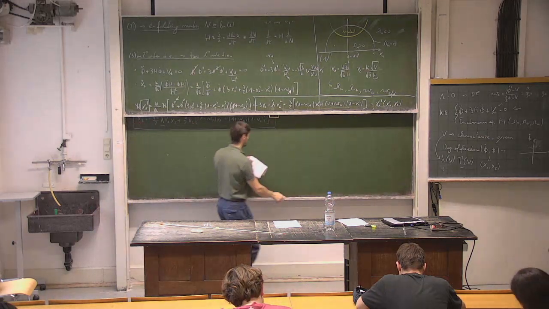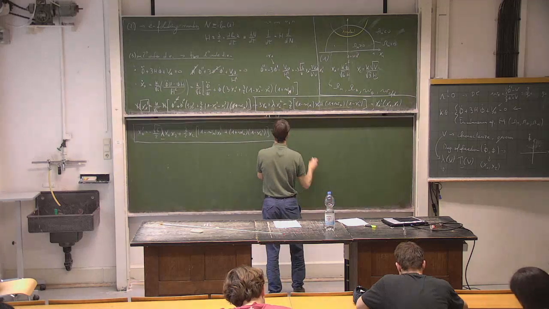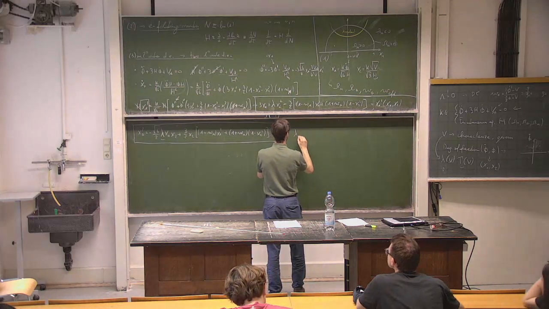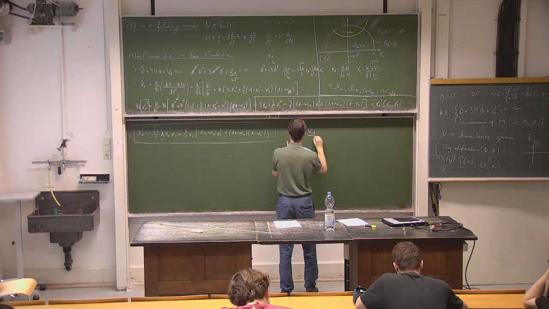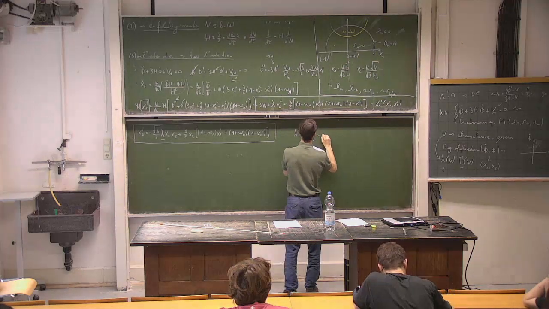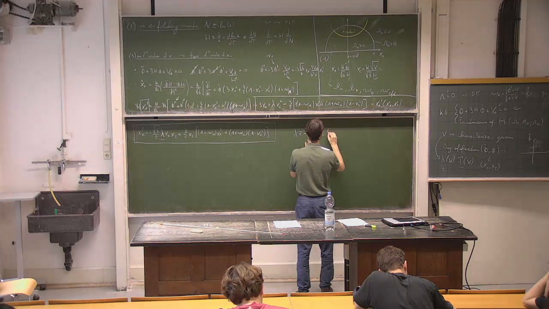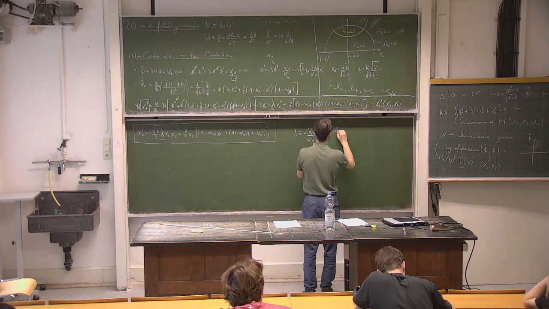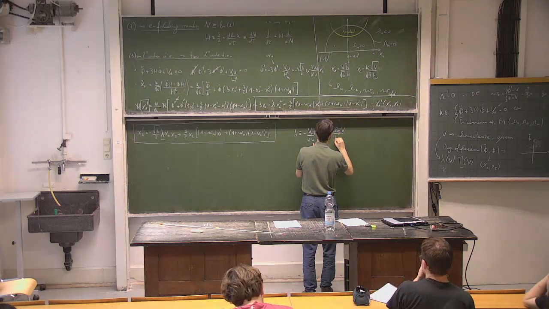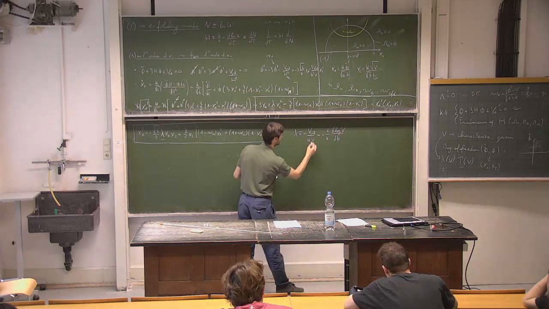And we defined lambda to be equal to minus V comma phi over kV, which is equal to minus 1 over k derivative of the logarithm of V with respect to phi.